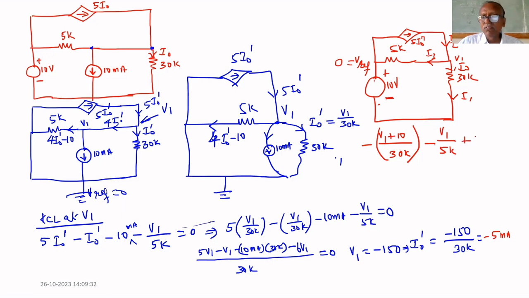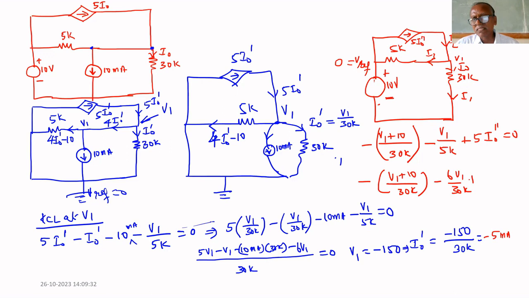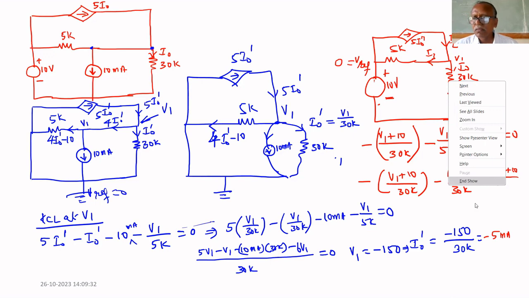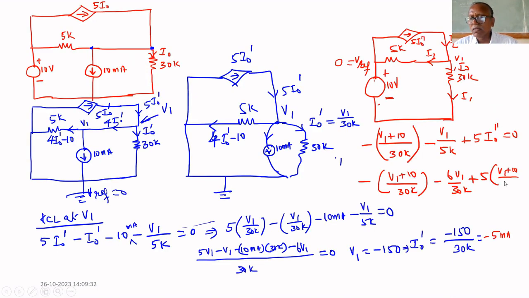Plus 5 times I0 double dash equal to 0, because here the current coming in is I0 double dash. But we know that I0 double dash is V1 plus 10 divided by 30K.